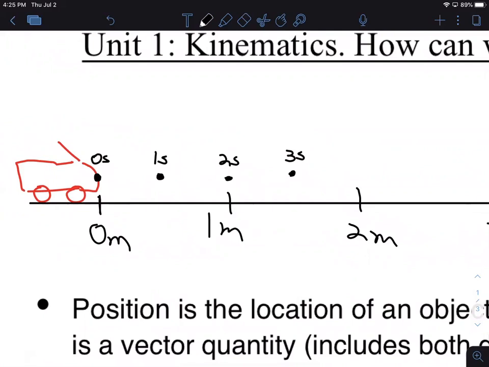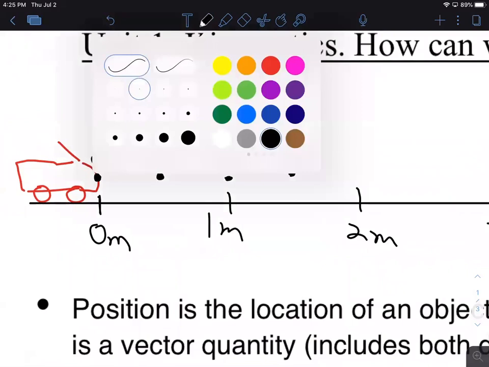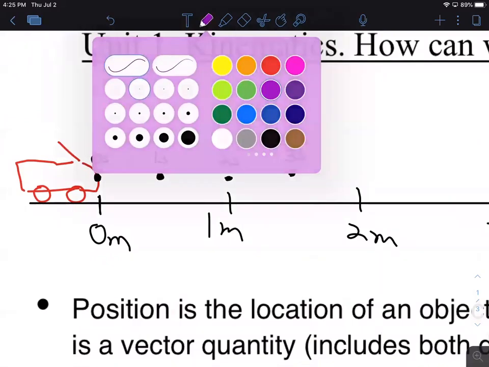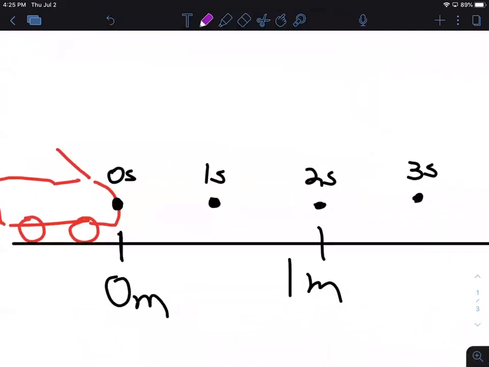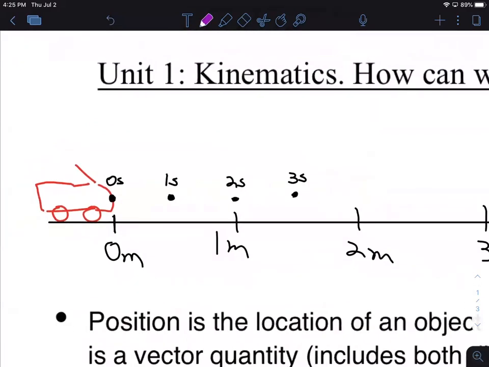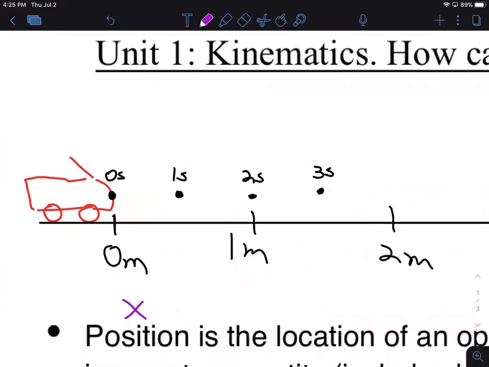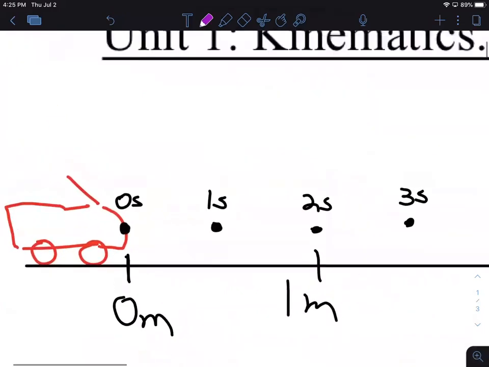All right, so I could say for this buggy, I could talk about its position at 0 seconds. We're going to use the letter x when we talk about horizontal position in this case. So its position at 0 seconds.